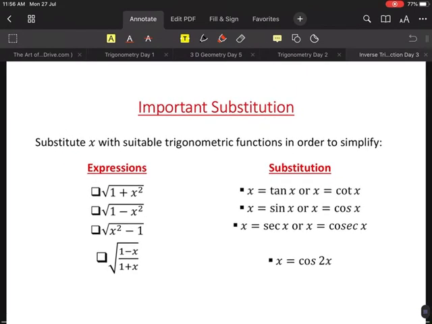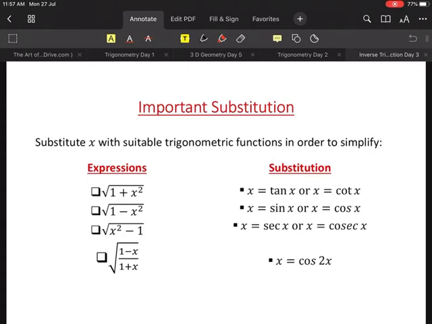Substitution. So this thing is in your calculus also. Please, I'm telling everyone to look at this one carefully. If I have an expression root over of 1 plus x square, my main concern is to remove the square root. How can I do that?